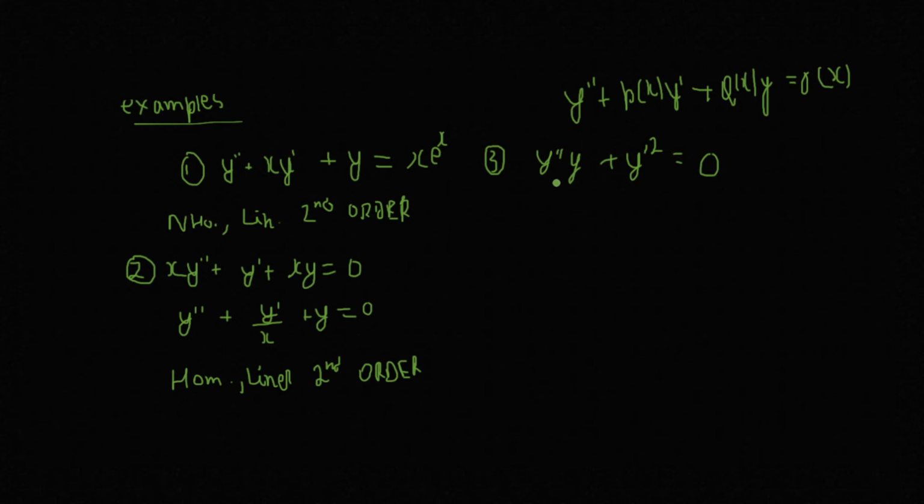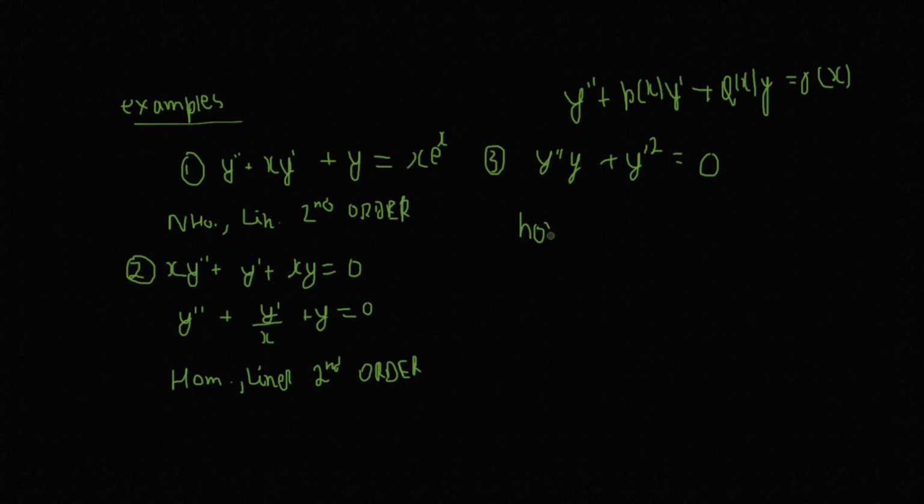You can see this cannot be written in this format because the coefficient of y double dash is y itself, and if we multiply it by y, then also it cannot be written in this format. So it is non-linear, and also the r(x) term is 0 here. So it is a homogeneous non-linear ODE of second order.